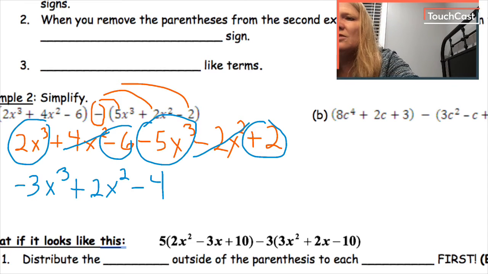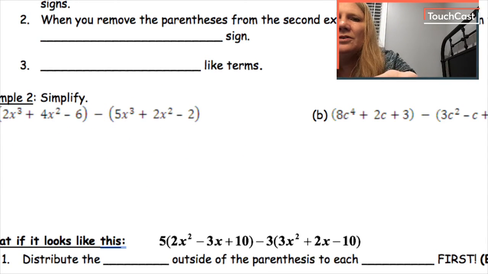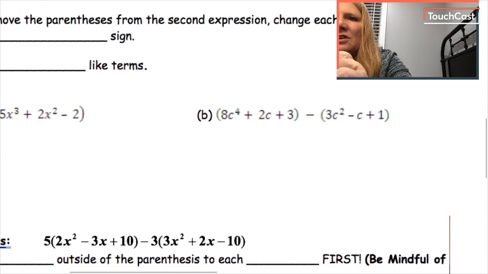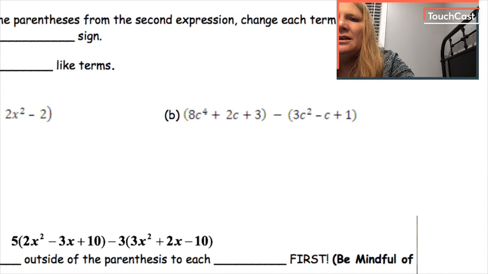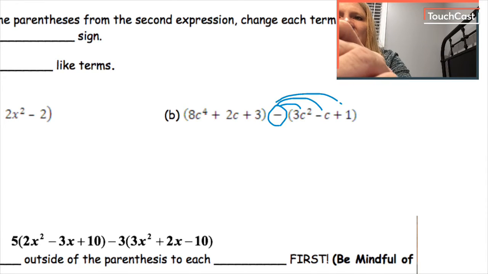All right, let's look at the next example here. So I'm going to move this over and we'll look at example B. And so you can see that we have again that same negative in the middle here. And so that is going to be distributed throughout this parenthesis.